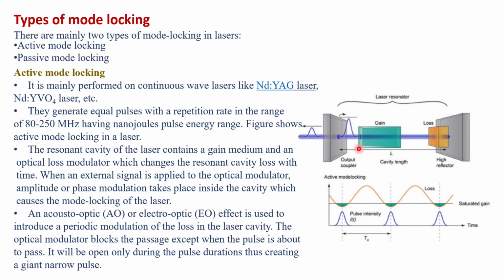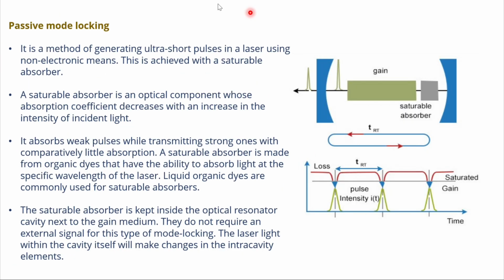As we have discussed, the loss is created by the modulator and output coupling. The laser only emits strong pulses when the gain is greater than the loss. Every time a pulse completes one round trip, the modulator reaches its minimum loss again exactly when the pulse returns. So this is how active mode locking works.